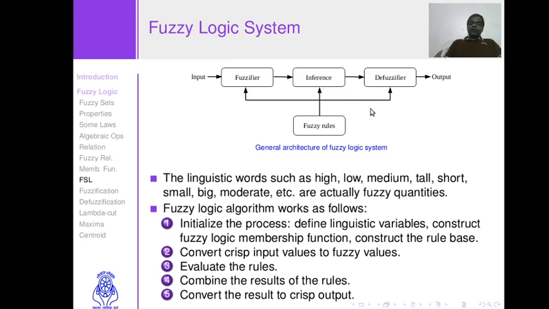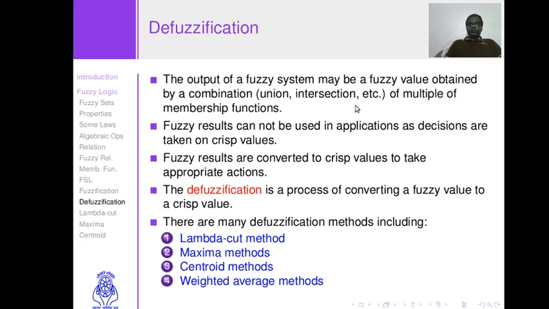And then finally, the fuzzified result is converted back to a crisp value, because we cannot control any system with the help of a fuzzy value. For that we need a crisp value. So the job of the defuzzifier is to convert a fuzzy value to a crisp value. Okay, so let us discuss this topic in detail.